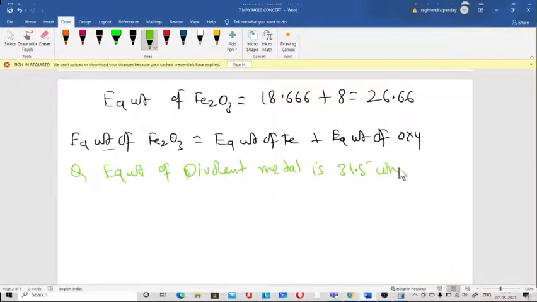What is the weight of a single metal atom? Divalent means its valency is 2.